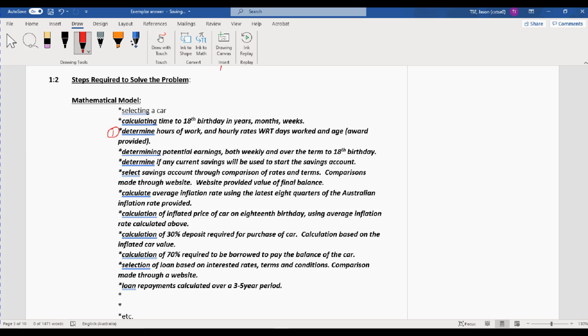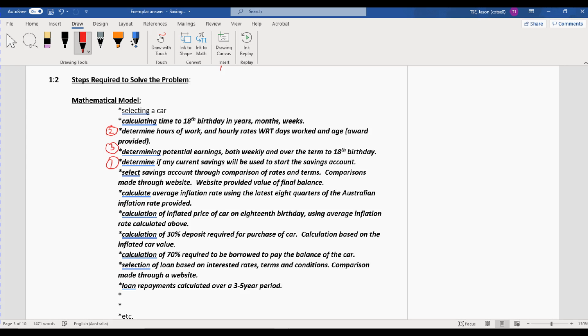That's the second thing. Determining if any current saving will be used to start a saving account. Oh, sorry, I think that should be the first. Let me change that. It's sometimes difficult. Any saving to start the saving account should be the first. And then we go back to this one and that one.